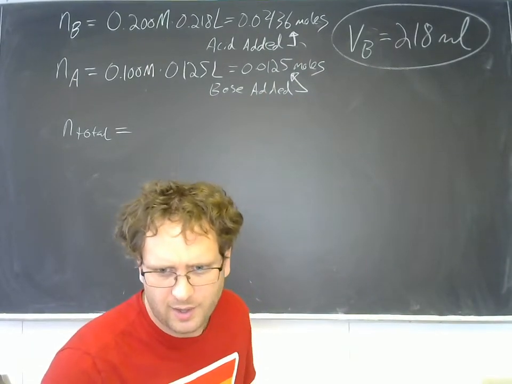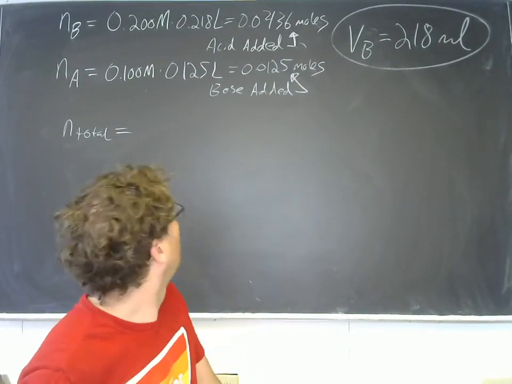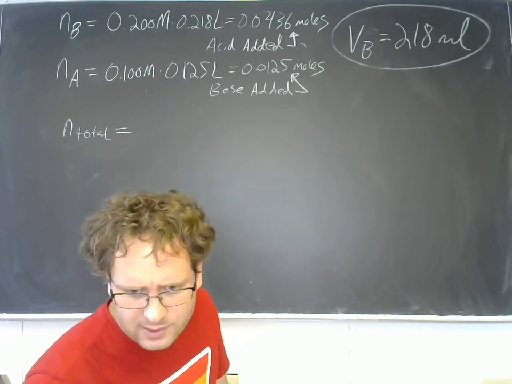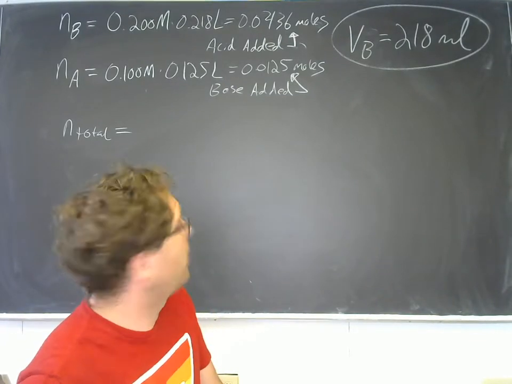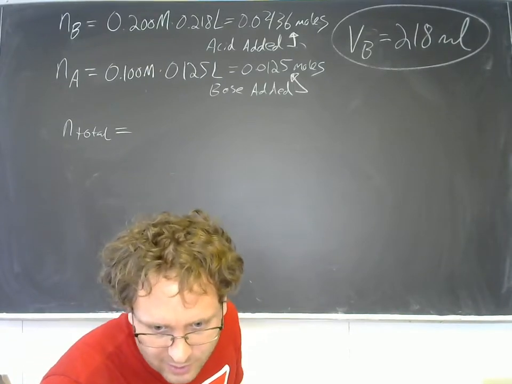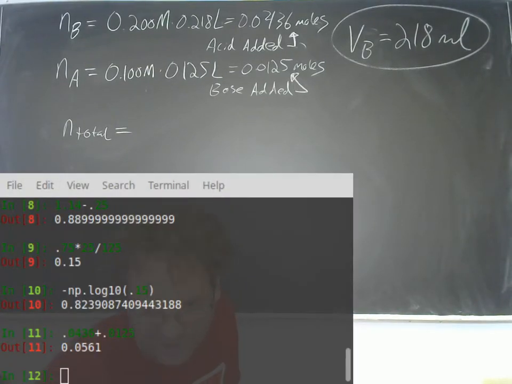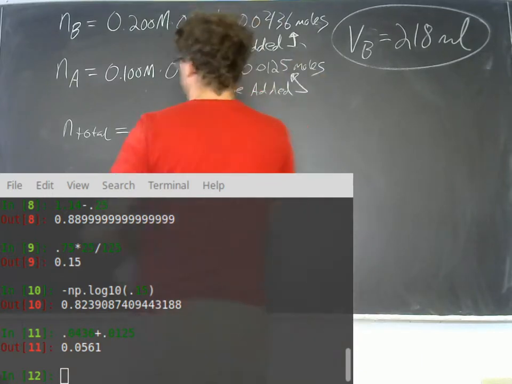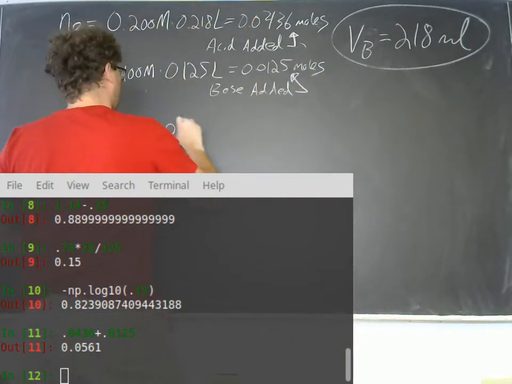Oh, sorry, you can't see what I'm doing. There you go. 0.0436 plus 0.0125 is 0.0561 moles.